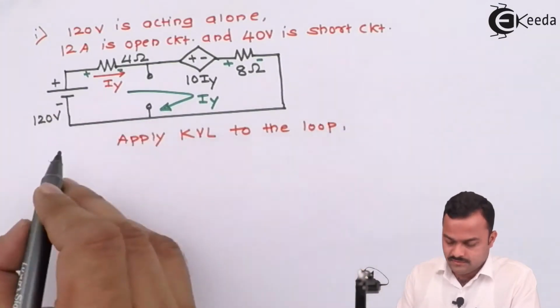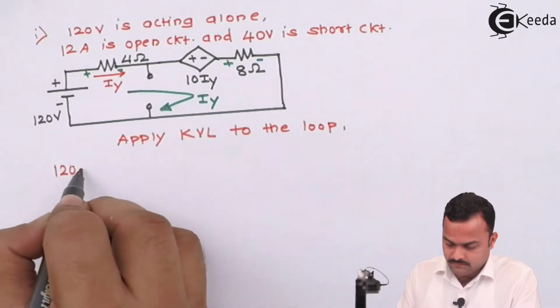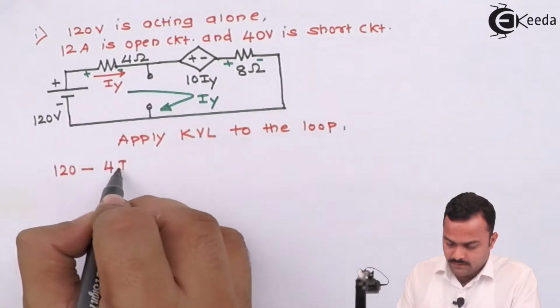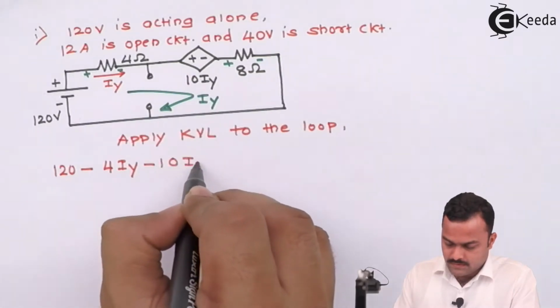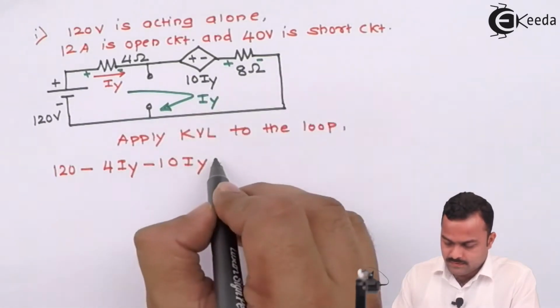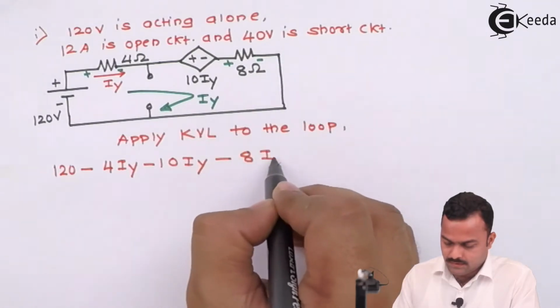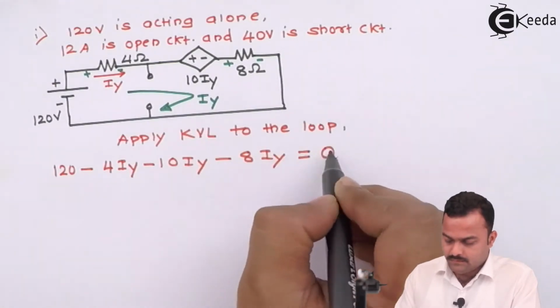Start from this voltage source. So it's 120 minus 4 IY minus 10 IY minus 8 IY equal to 0.